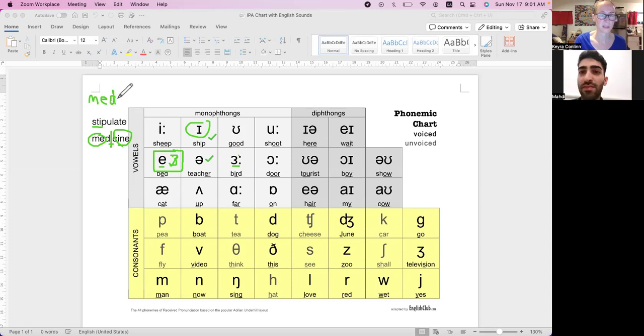Med, then it sounds like an S, right? Sin. And we don't hear the E, so we don't write it in the phonetic transcription. Medicine. So it often happens when it is not the stressed syllable. Here we don't hear this. It's not medicine, it's meta, meta, meta. Medicine.